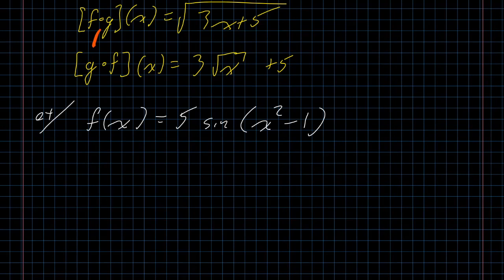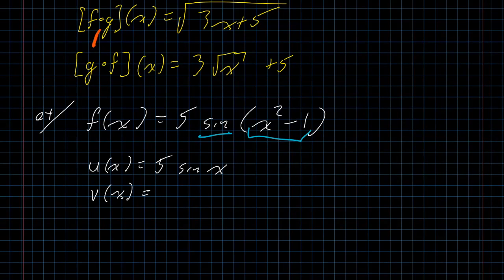When I see this expression, the thing that jumps out at me is that I have this expression, x squared minus 1, which is sitting inside of the argument of a sine function. So this is composition. My u of x is 5 times the sine of x.